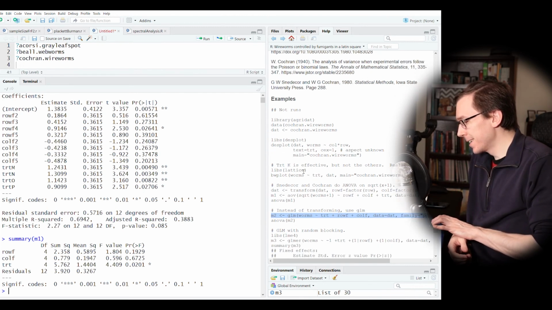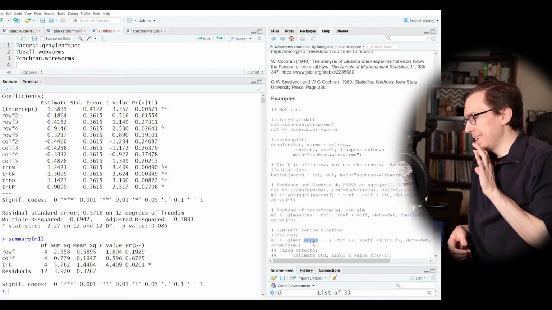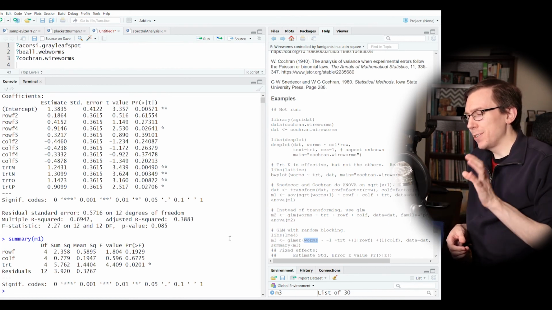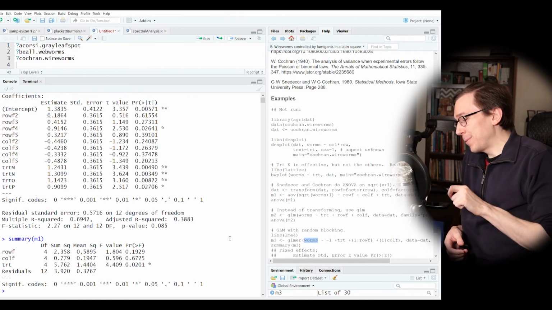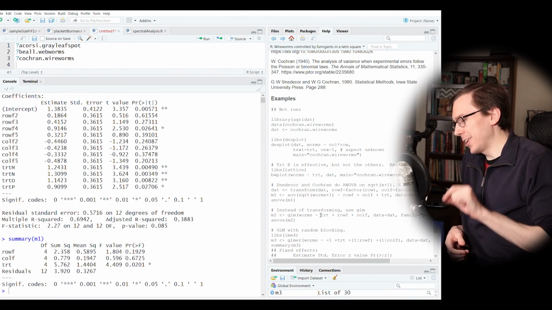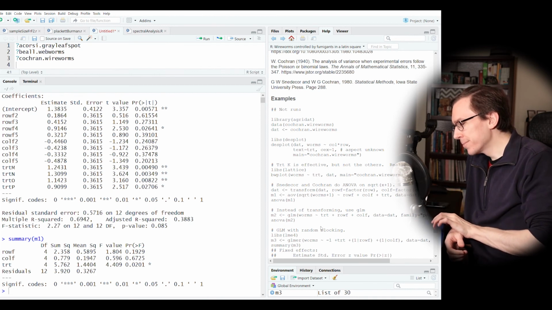If you'll notice, when we fit this before, we didn't do any blocking. I can do blocking with AOV in the sense of using the error function, but I can't do that with the GLM function. By default, I would have to switch to GLMER, which is a generalized linear mixed effects regression model.